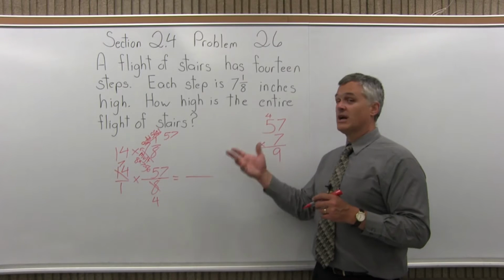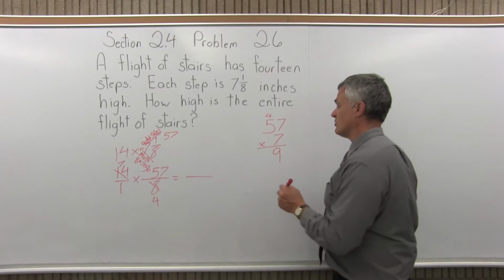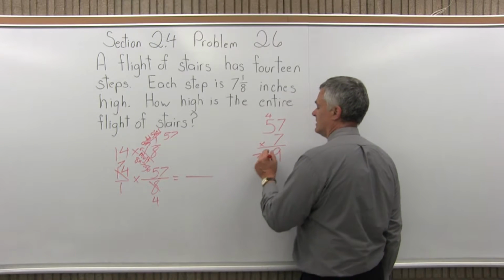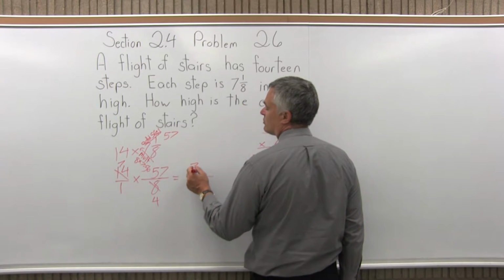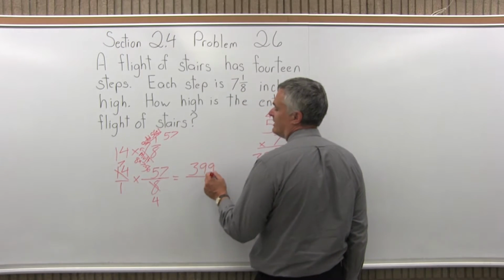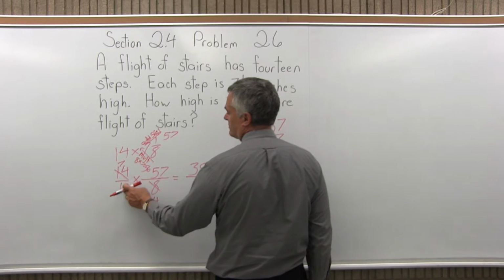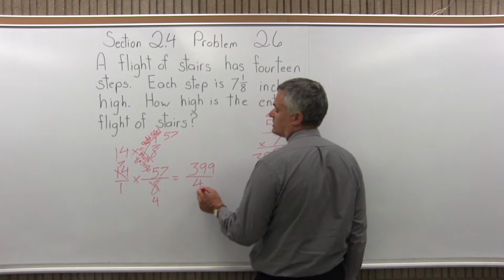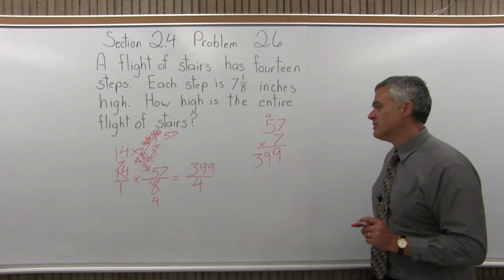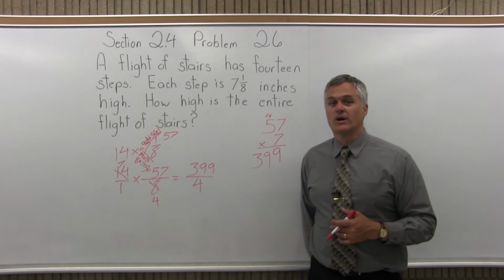Then you add the 4 that you carried. 35 plus 4 is 39. So 7 times 57 is 399. And then the denominators, after I did some pre-reducing, wind up being 1 times 4, which is 4. So it would be 399 over 4.